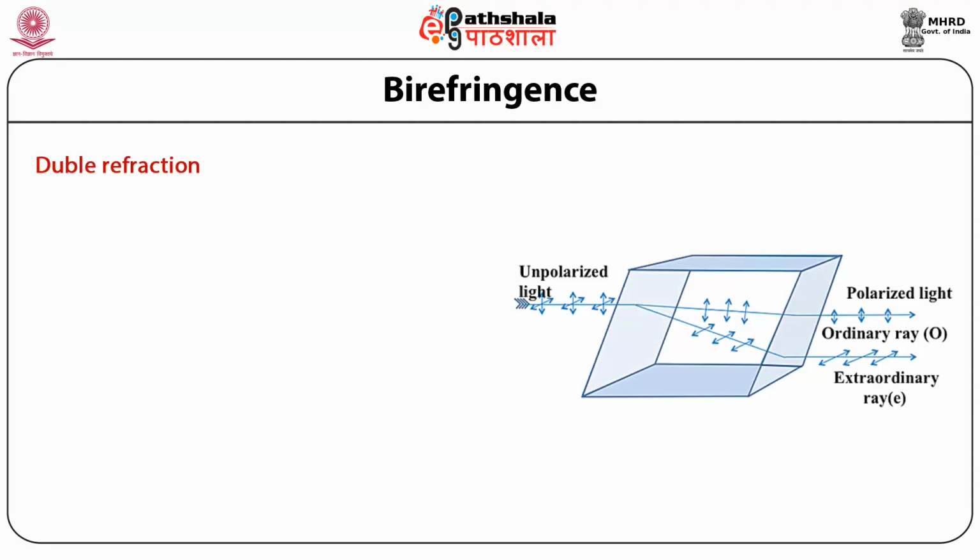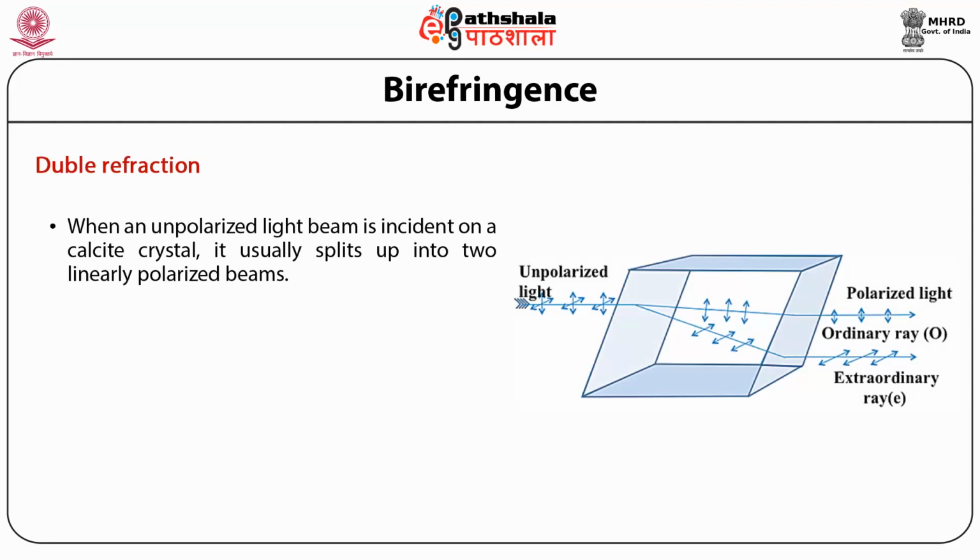Double refraction. When an unpolarized light beam is incident on a calcite crystal, it usually splits up into two linearly polarized beams. The beam which travels undeviated is known as the ordinary ray or O ray and obeys Snell's law of refraction.